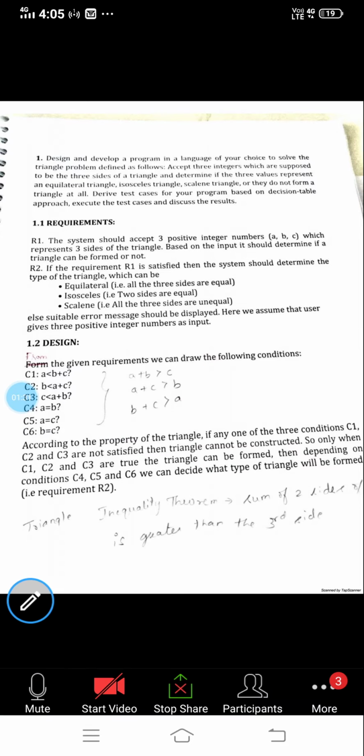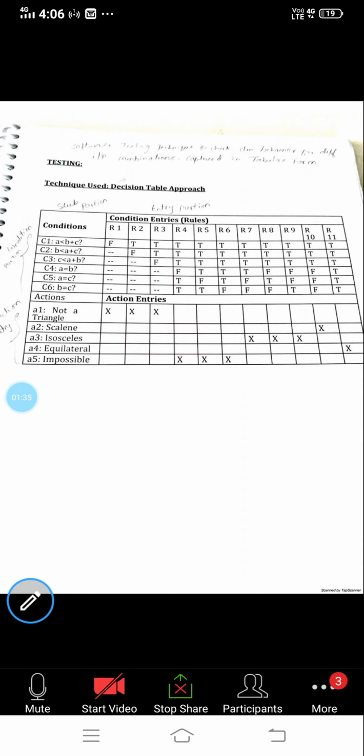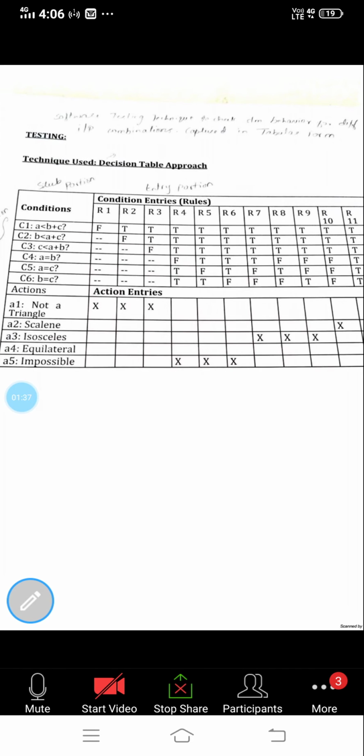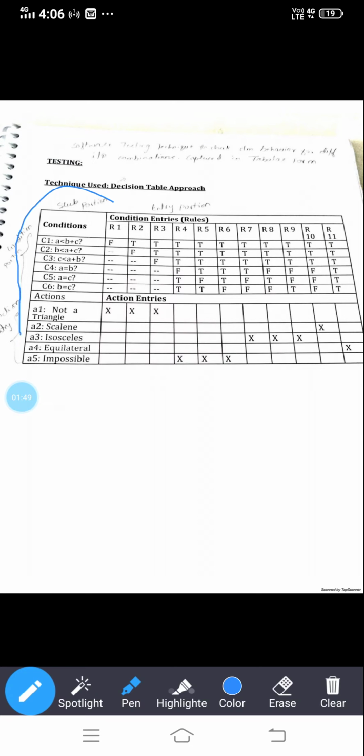That is the triangle program. You already know what the triangle program is, so we'll directly go for the decision table approach. How to write a decision table? In a decision table there are four parts. Basically there are two parts: the stub portion, which is the left side part, and the entry portion, this box on the right. The left side portion has two parts.